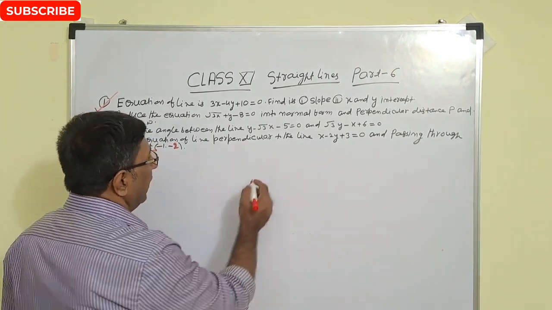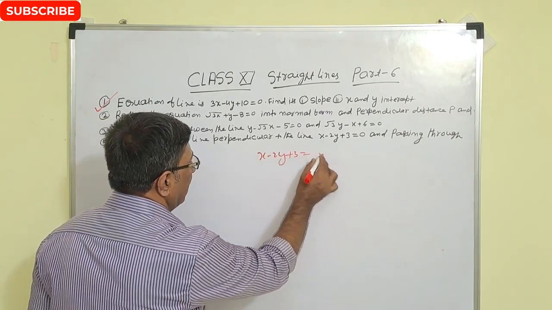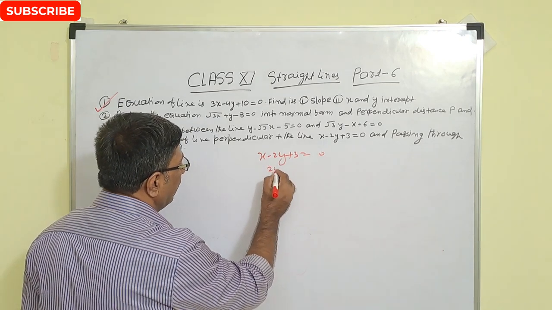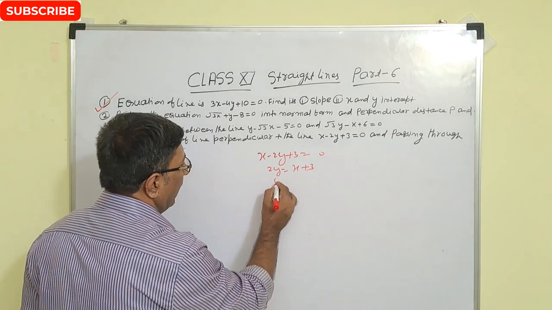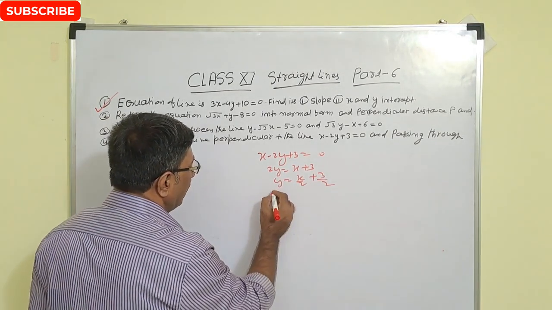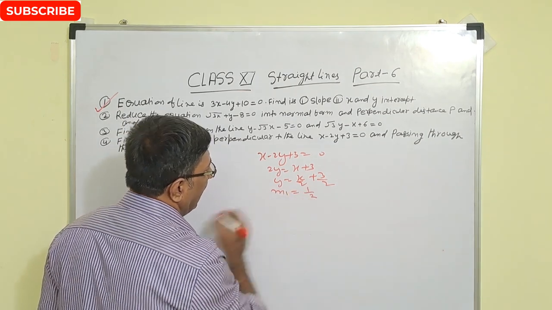So you see first x minus 2y plus 3 equal to 0. When we free the y, we will get 2y equal to what? That is x plus 3. So y equal to what? x by 2 plus 3 by 2. So slope of this line m1 equal to what? Half.